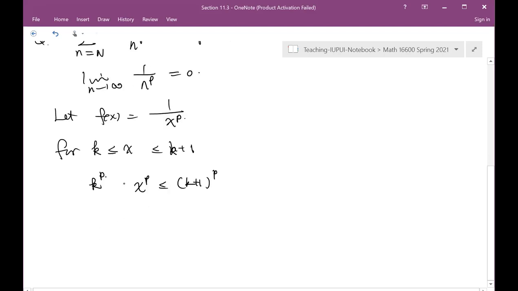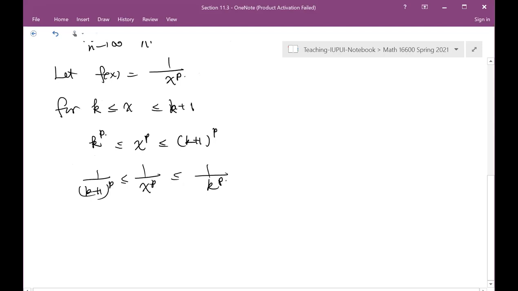So when you put x into the denominator, you will be in the opposite direction. That's what we have here for x between k and k plus 1.